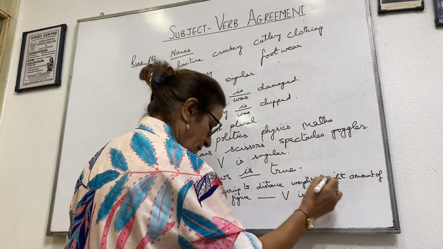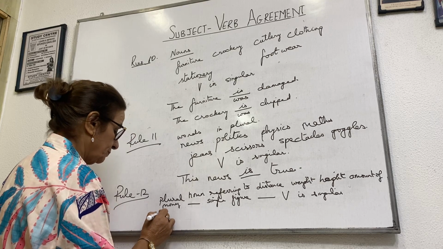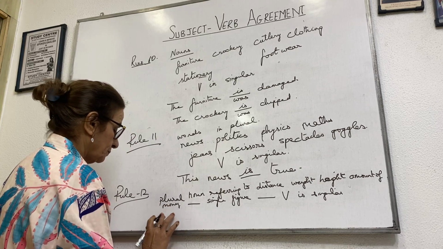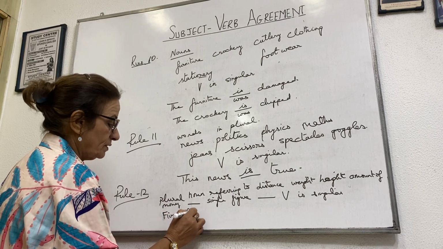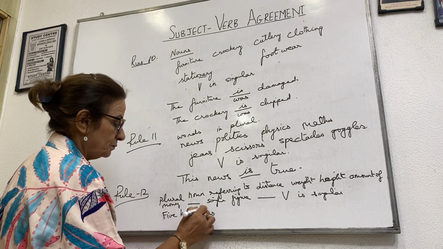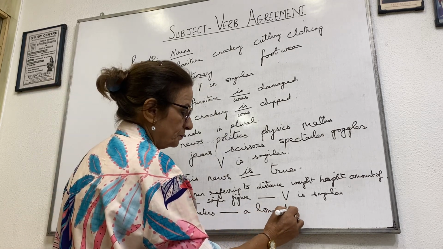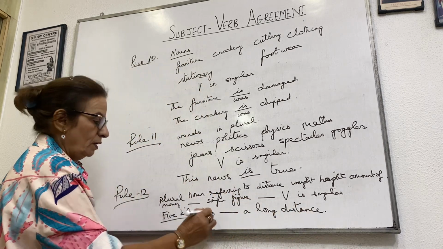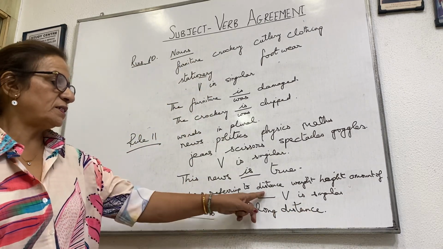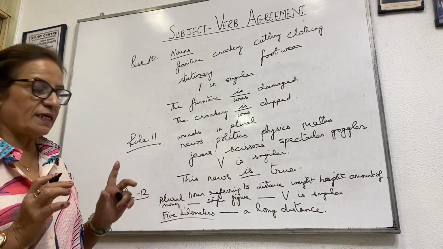For example, I say 5 kilometers. In English we generally don't write numbers like this. 5 kilometers a long distance. So when we are talking of a plural distance, weight, height or amount of money, it is taken as a single figure.